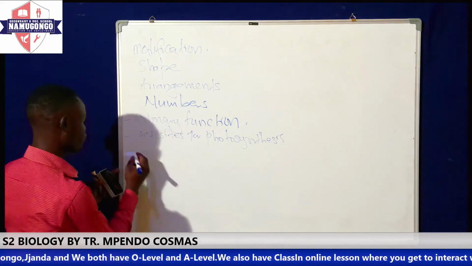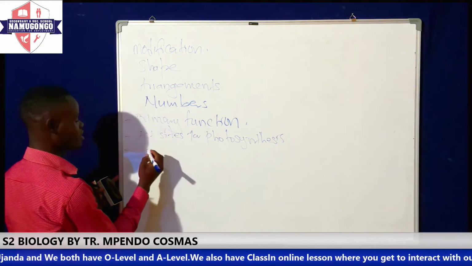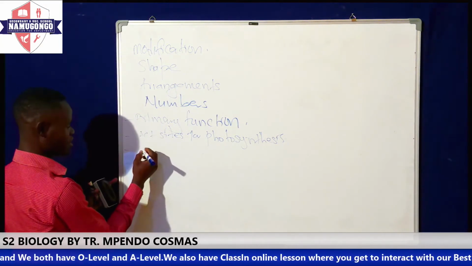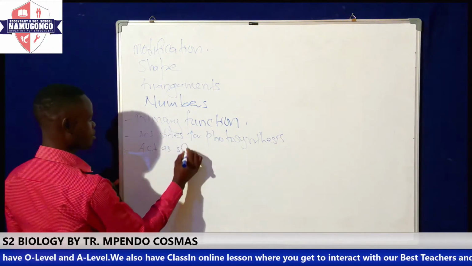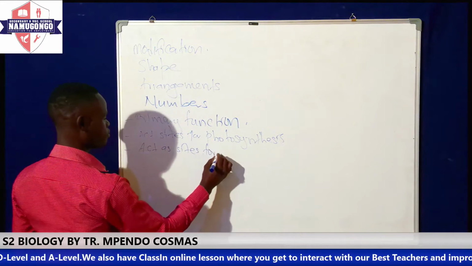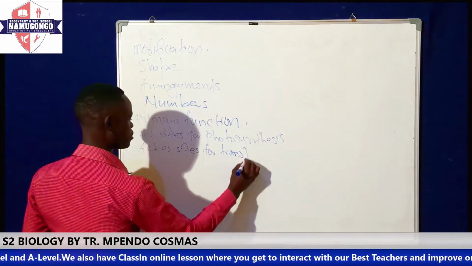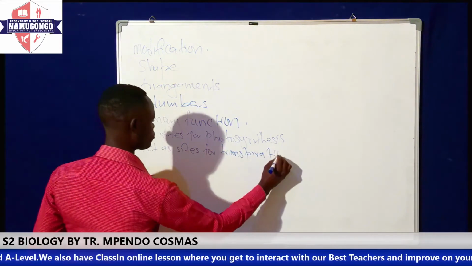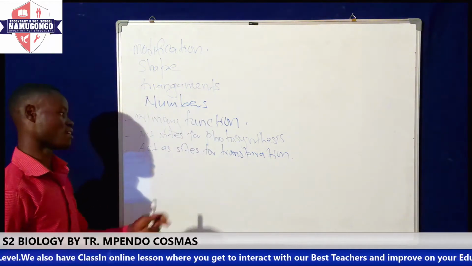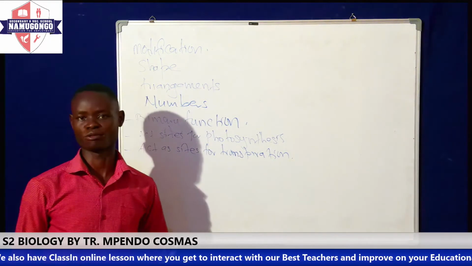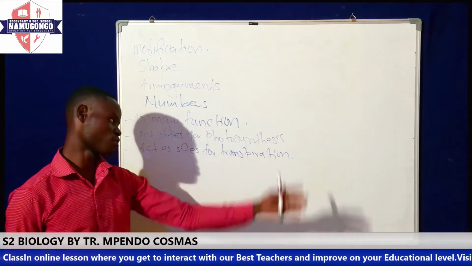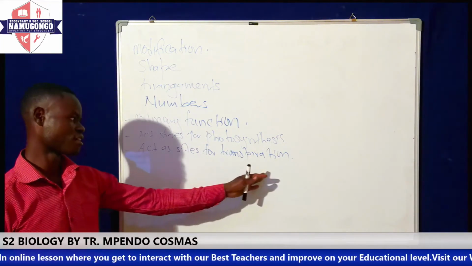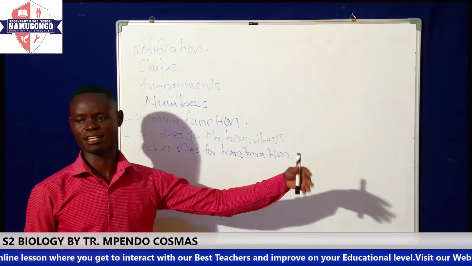Then the other primary function of leaves is that they act as sites for transpiration. Transpiration is the actual process by which a plant loses its excess water, and we shall see the relevance of why plants lose their excess water.